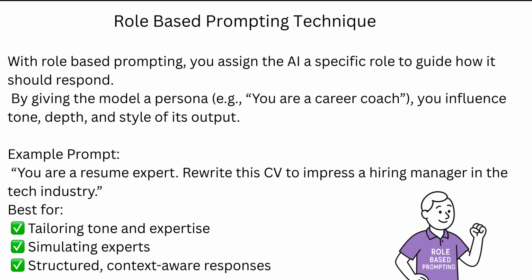That's exactly what role-based prompting does. You're not just telling the AI what to do, you are telling it who it is. Once you assign a role, like you are a doctor, a career coach, a 5-star chef, the model shifts how it responds. It becomes more specific, more focused, and oftentimes more accurate. As I said, not always.